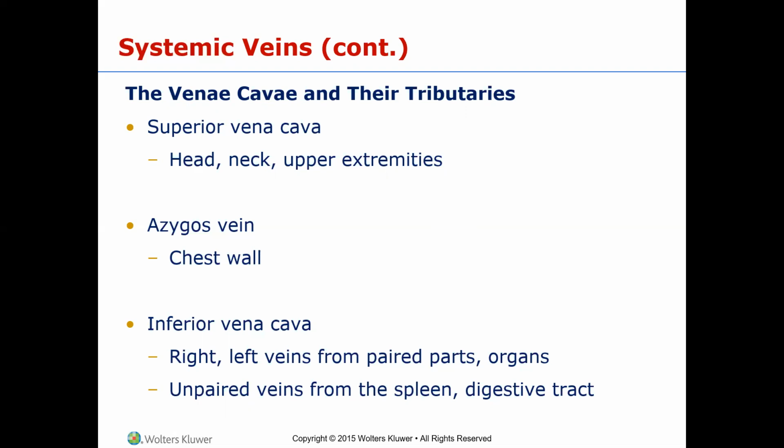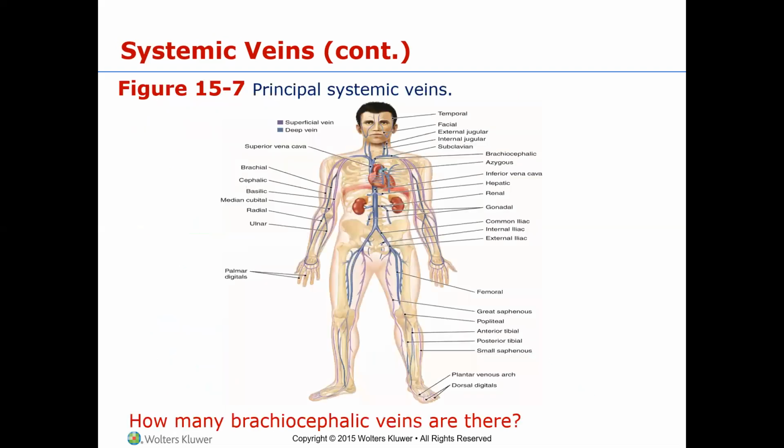The azygos vein, which is found in the chest wall. So these are the only ones that I think are most important. The rest, I'm not holding you responsible for, but you can see that blood is going back to the heart to get re-oxygenated and then pumped back out.